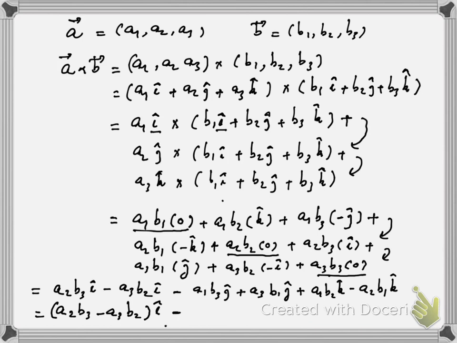Minus, J cap can be taken common, so we are left with A1B3 minus A3B1, plus K cap can be taken common. We are left with A1B2 minus A2B1.